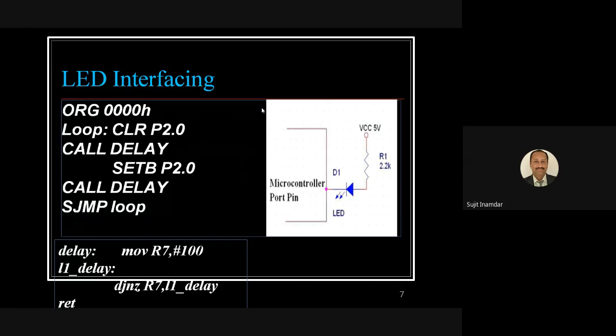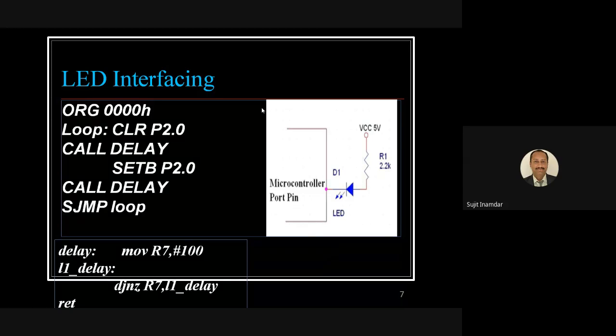VCC continuously provides plus 5 volt. It is only waiting for the zero signal at the cathode. Got it? Then only it will be on. When it becomes 1, it will be off. The simple concept is what is implemented here.